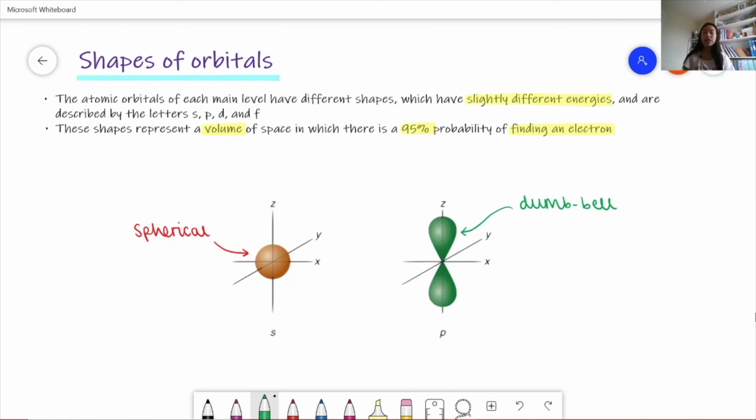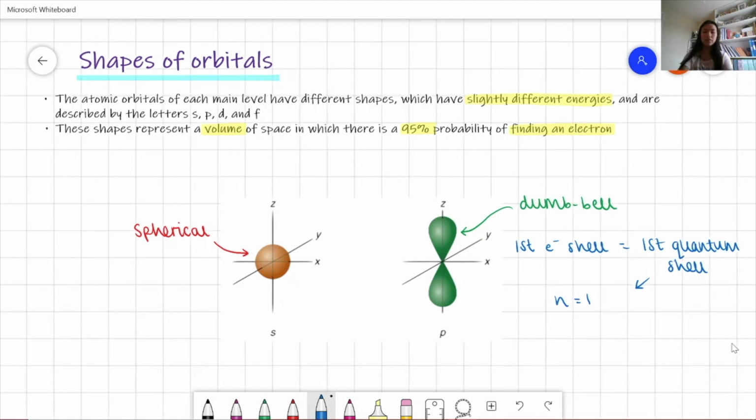And another thing we need to know is that the main levels can also be called quantum shells. So, for example, the first electron shell we have is also the first quantum shell. And how we denote a quantum shell is we say n equals 1. So we need to know how many electrons there are in each quantum shell.